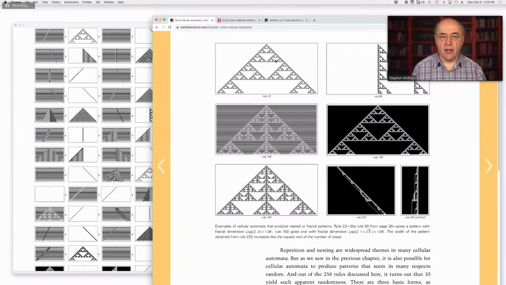This is like a one-level iteration of nesting, this is 2 levels of iteration, and it's kind of like a Fibonacci sequence where f of n is f of n minus 1 plus f of n minus 2. This has that kind of 2-level nesting, and the result is that its fractal dimension is deeply related to the Fibonacci numbers. It's actually given by log to the base 2 of 1 plus square root of 5. It's related to the golden ratio, which is the ratio of Fibonacci numbers, and that's because it has this kind of double recursion going on.